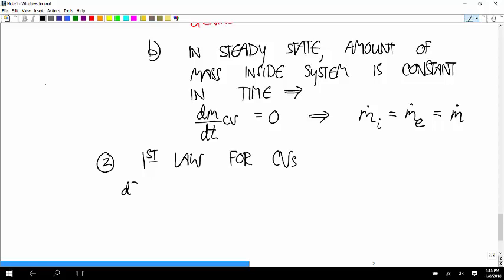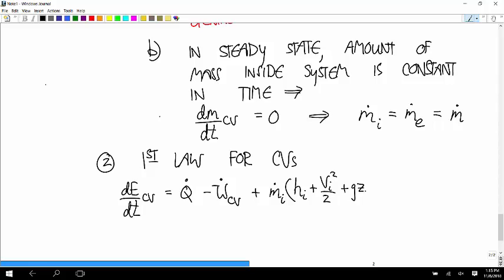And the first law says dE dt for control volumes is equal to Q dot minus W dot for the control volume plus m_i dot times the quantity h_i plus V_i squared over 2 plus g z_i, minus m_e dot times the quantity h_e plus V_e squared over 2 plus g z_e. Okay, so that's the full form.